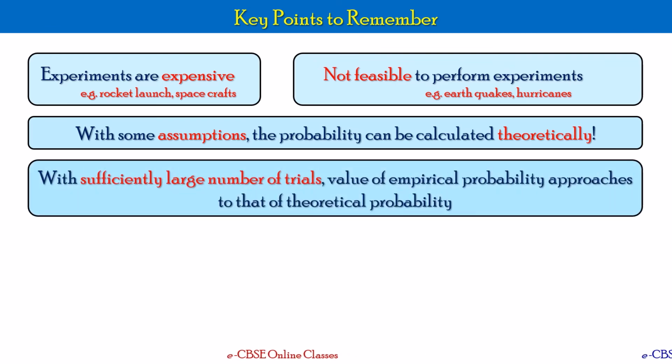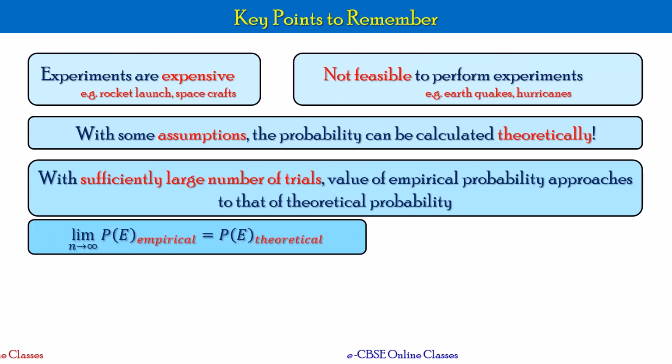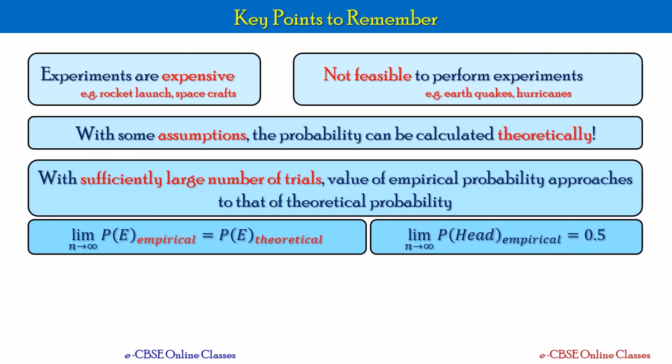With sufficiently large number of trials, value of empirical probability approaches that of theoretical probability. For example, in the coin tossing experiment, if you perform the experiment infinitely large number of times, the empirical probability of head will be equal to the theoretical value, which is 1 by 2, that is 0.5.